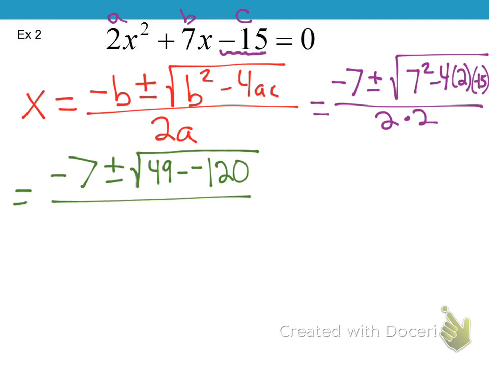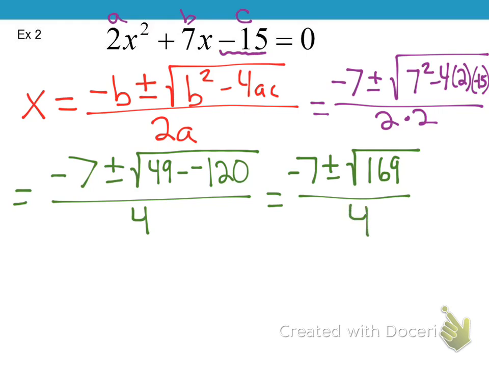And it's going to all be divided by 4 this time. All right, so I have negative 7 plus or minus the square root of 169. That is a perfect square, so that's great. 13 times 13. So this is going to be negative 7 plus or minus 13 over 4.